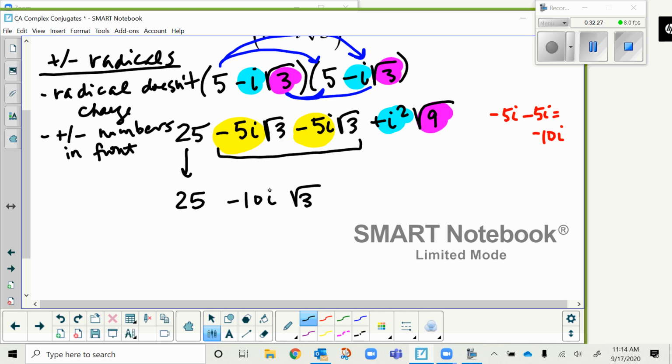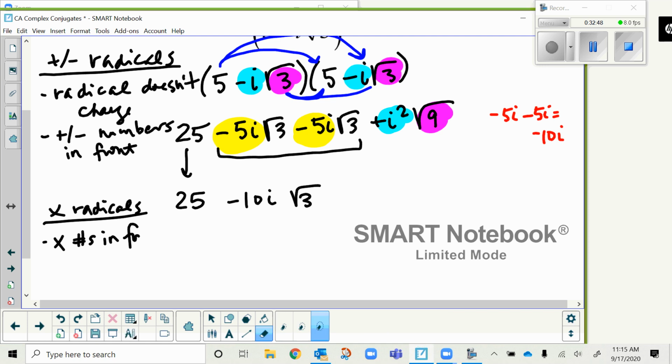And then a minute ago when I was talking about multiplying radicals, what I reminded you of is that you multiply the numbers in front together, or I should say outside, let's say outside.